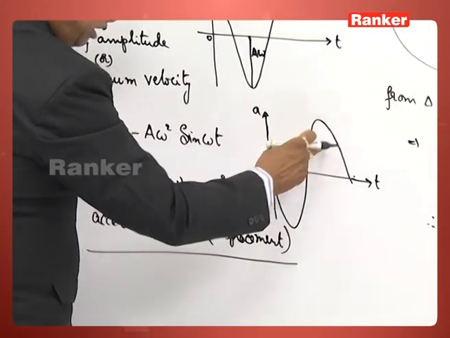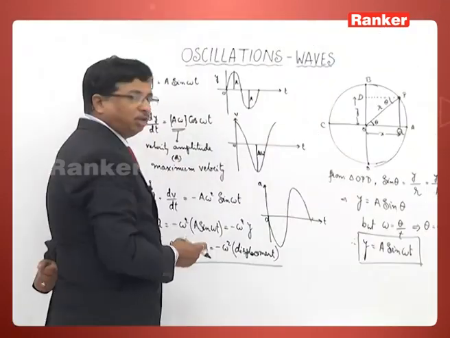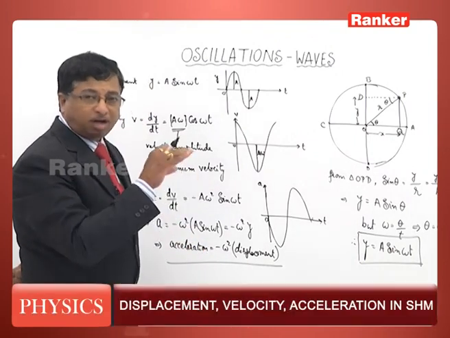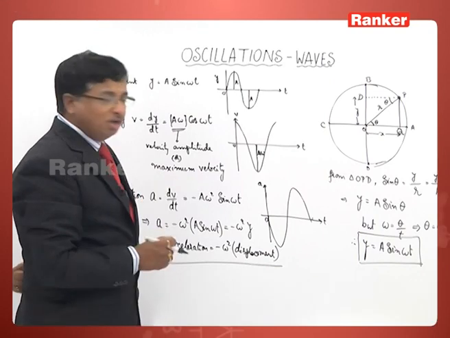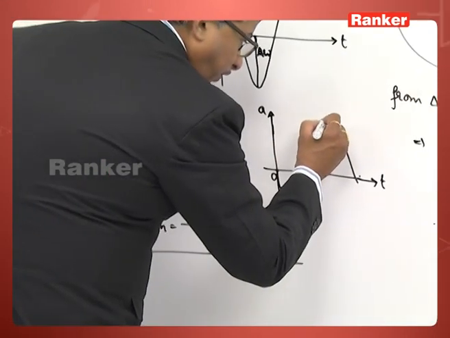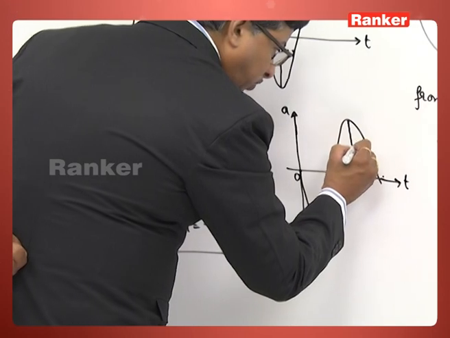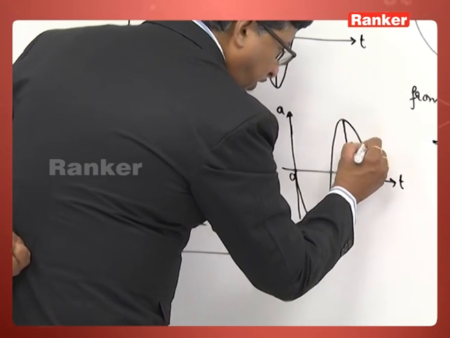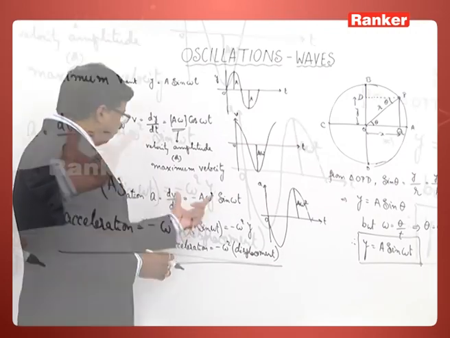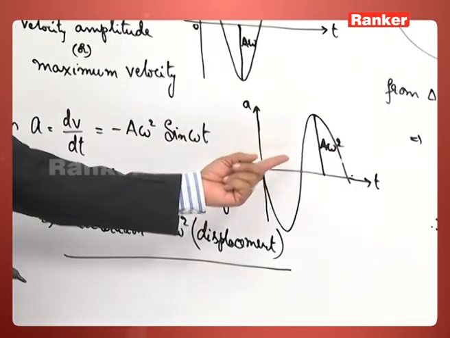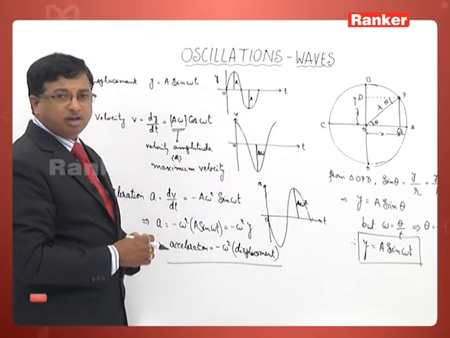First trough like and then crest like, but of course it is not a wave. We are talking of the graphical representation which looks like a wave. That is the only point. So the amplitude in this particular case now becomes A omega square. So this is the equation for it and this is the graphical representation for it.